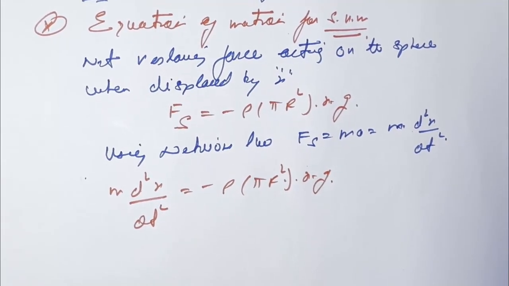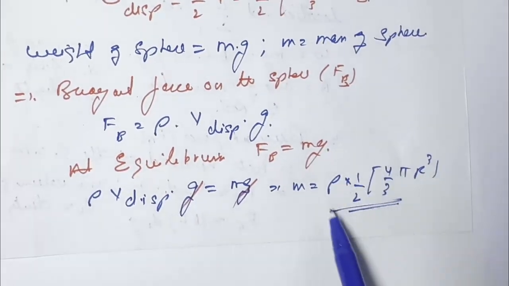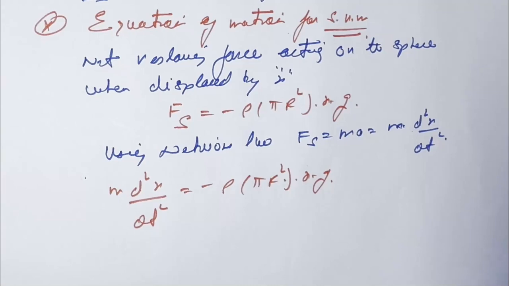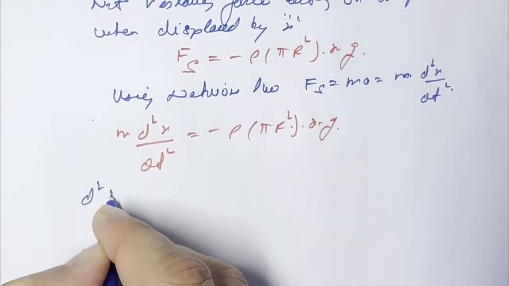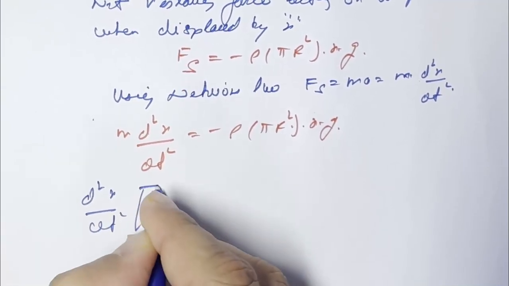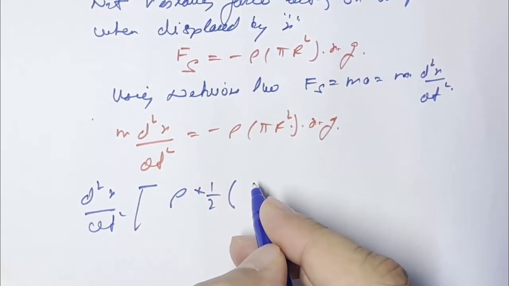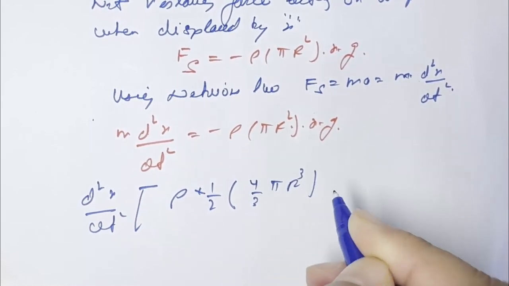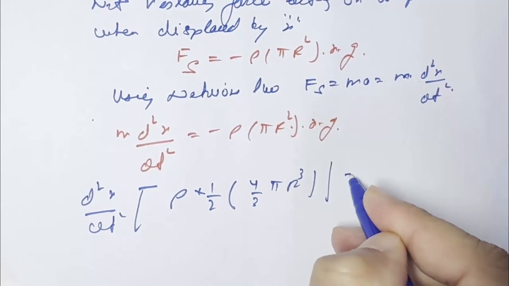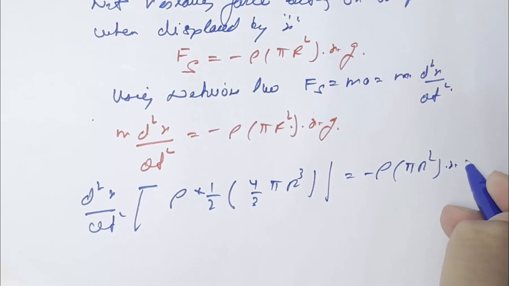And we already calculated what our mass for that sphere will be. So this is the mass of the sphere. So we substitute here, and we can write the double derivative of x, and the mass was our rho multiplied by half and its volume, that is 4 by 3 pi r cube, is equal to minus rho, we have pi r square x multiplied by g.